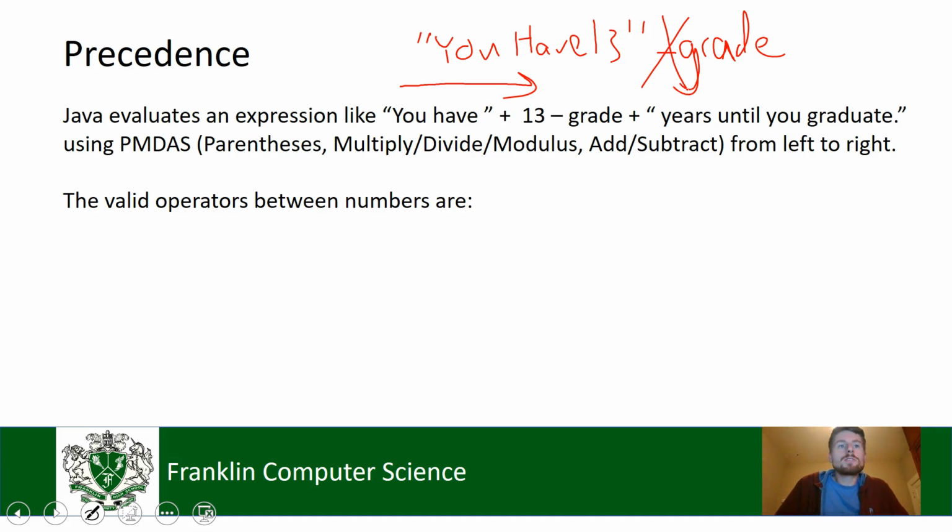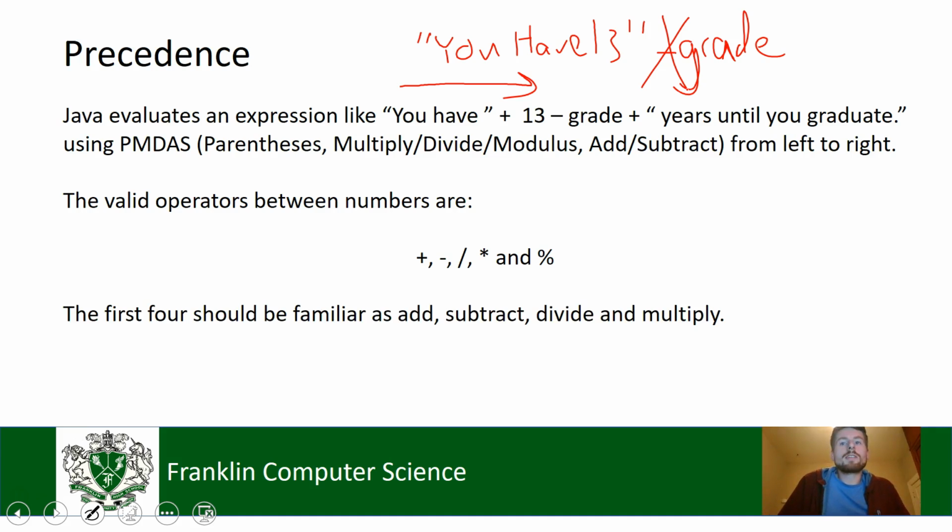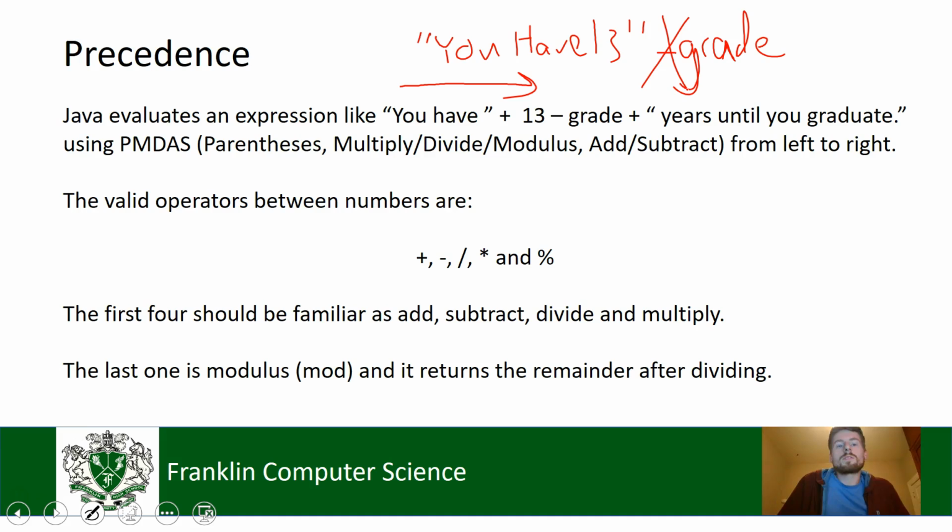But for numbers, here's a bunch of operators that you are probably going to be using this year. Plus for adding, minus for subtracting, the slash symbol for dividing, the star for multiplying, and this percent sign, which is new. The percent is what's called modulus, or mod for short.